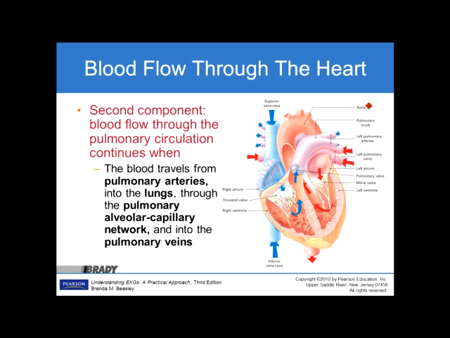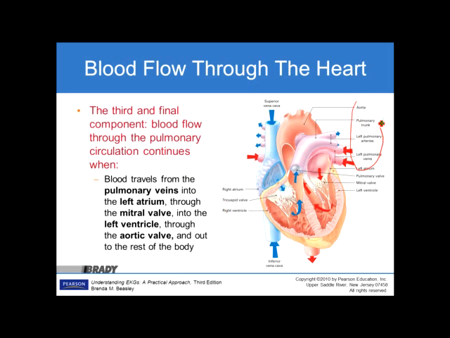Second component, blood flow through the pulmonary circulation continues when the blood travels from the pulmonary arteries into the lungs through the pulmonary alveolar capillary network and into the pulmonary veins. On the lung side of it, blood flow coming in, right atrium, the atria contract into the ventricles, the ventricles start to contract, and the blood flows into the pulmonary trunk.